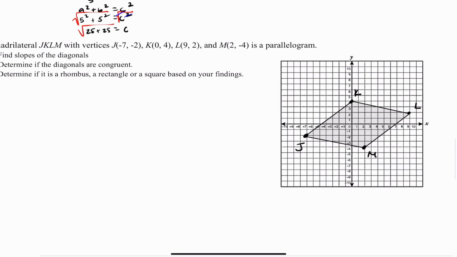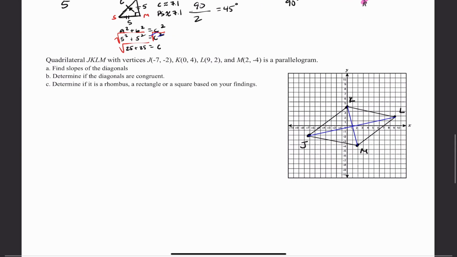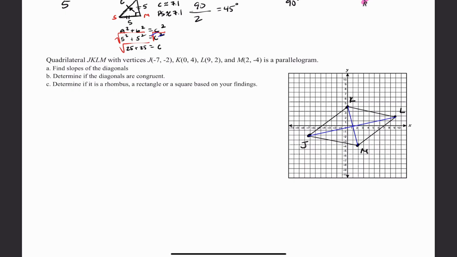I'm going to go ahead and create my diagonals. So we should have a diagonal from K to M and a diagonal from L to J. So let's find the slope of the diagonals.